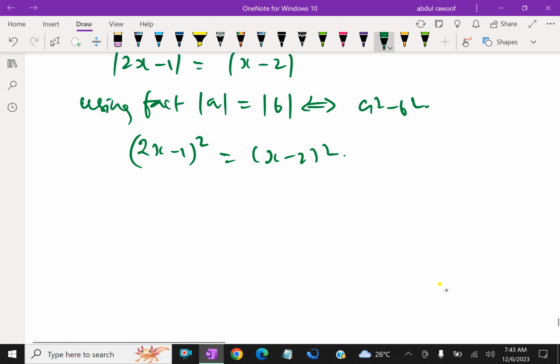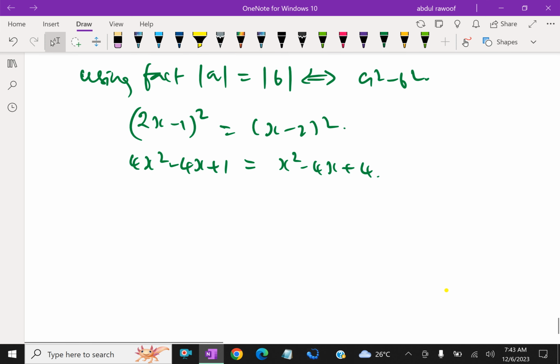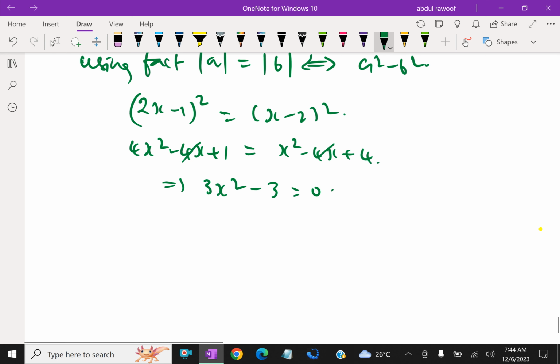Expanding, 2x minus 1 squared is 4x squared minus 4x plus 1, which is equal to x minus 2 whole squared, which is x squared minus 4x plus 4. So solving this, 4x squared minus x squared is 3x squared, minus 4x cancels on both sides, and 1 minus 4 is minus 3 equal to 0.